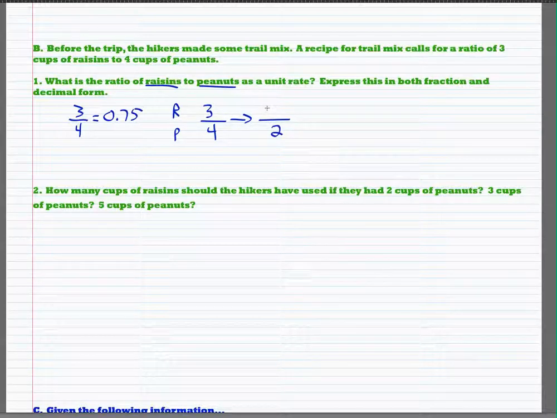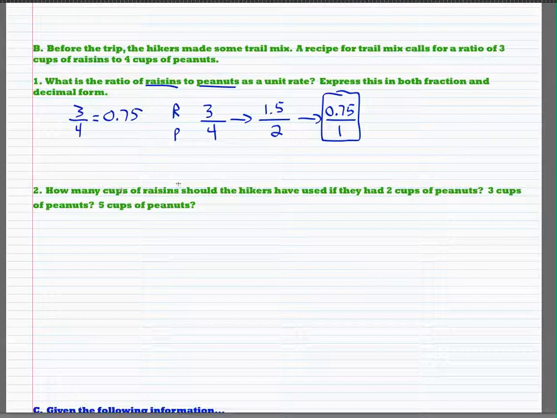Half of 3 is 1.5. Let's break this down even further and say I have 1 cup of peanuts. Again, I'm cutting this number in half, and it gives me this. So what we're saying here is for every 1 cup of peanuts, we're going to have 3/4 of a cup of raisins. And we can use this to answer our next question.